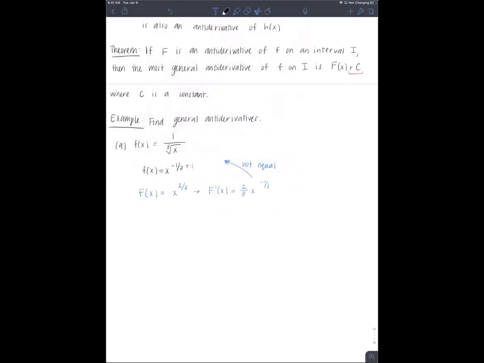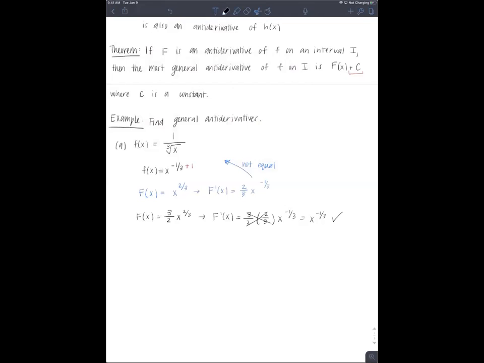And so instead, you're going to have that capital F is equal to 3/2 x to the 2/3. And so when I check now, you get 3/2 times 2/3 times x to the negative 1/3, which does give you x to the negative 1/3.